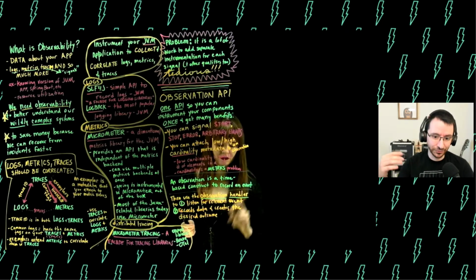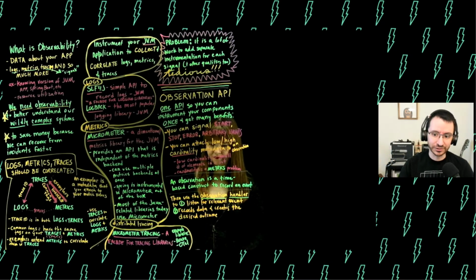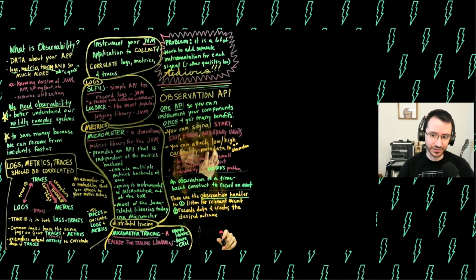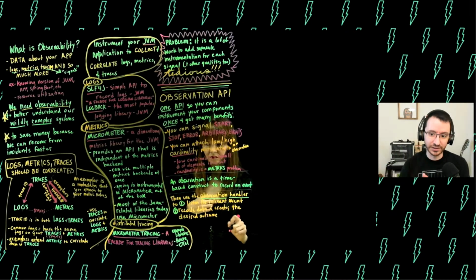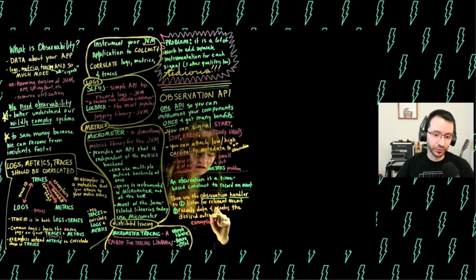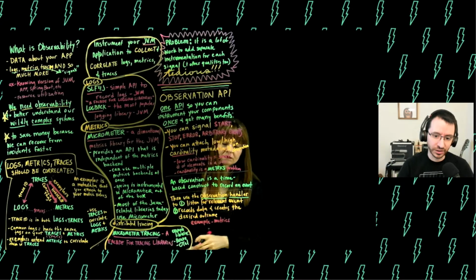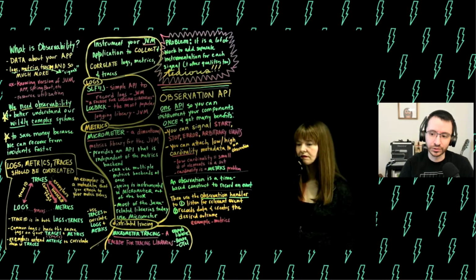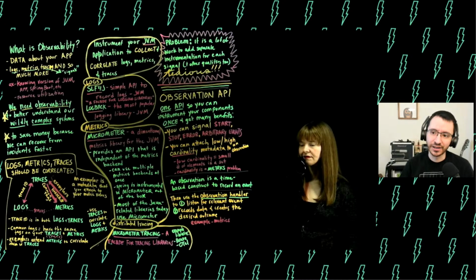On one side, you have the event that is happening, that's the reality in your app. On the other side, you have some kind of output that you want, for example, metrics or distributed tracing or logging or whatever you can imagine. And I will also talk about that a little bit.